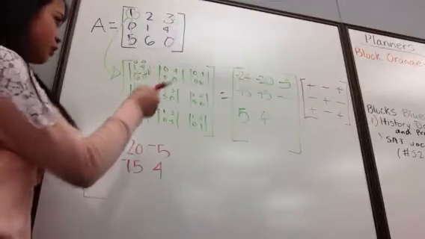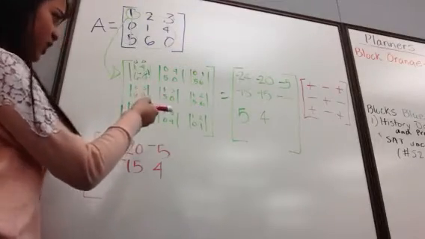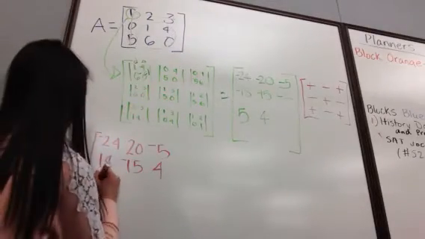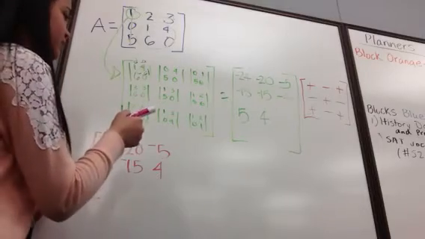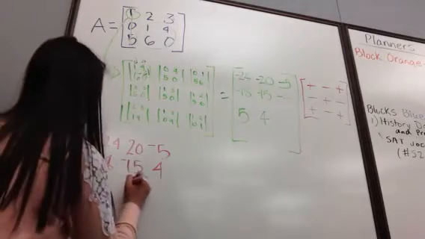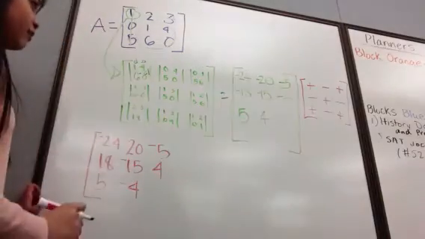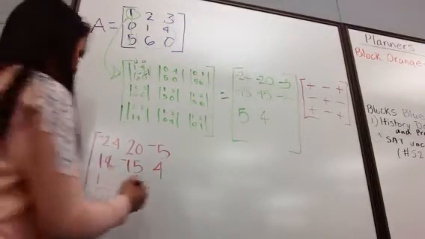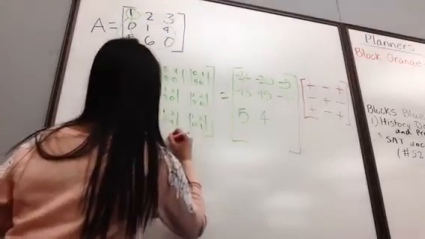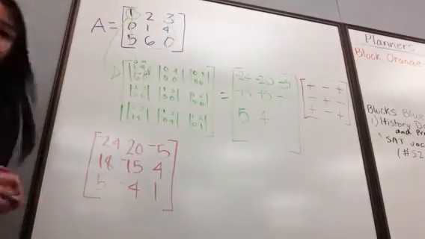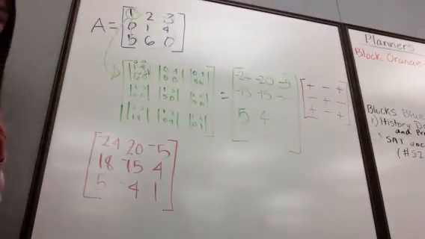And then positive times positive will still be positive, so positive 5. Then negative times positive 4 becomes negative 4. And then positive times positive will still be positive, so we'll have positive 1. And this is the matrix that we'll be using to find the final inverse.